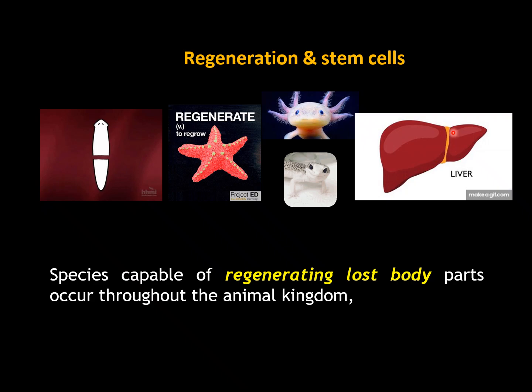And in humans, we can regenerate to some degree part of our liver. But the question is why even humans can regenerate part of our liver, but not part of our eyes or our adult hearts. Even the coronary arteries cannot be regenerated. And we're going to talk about these kinds of things.